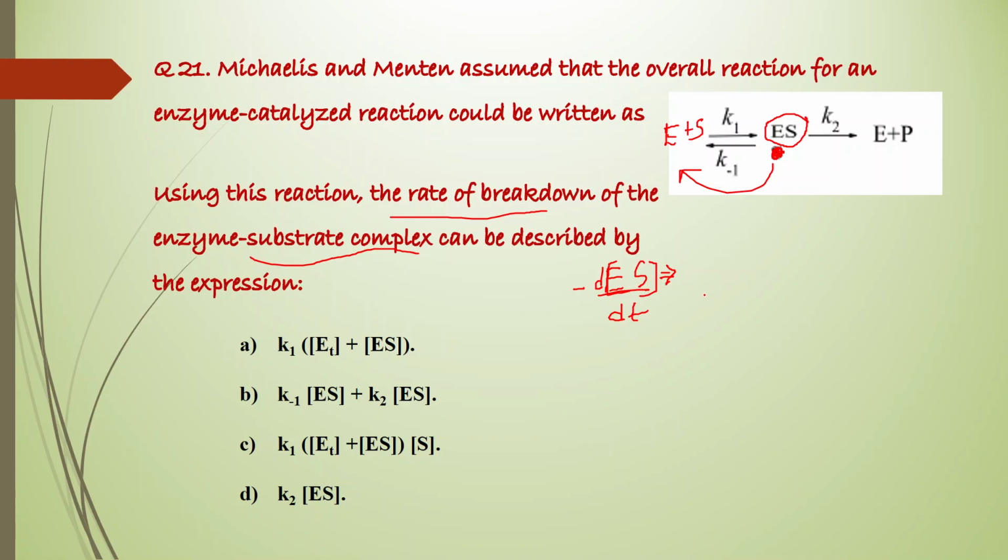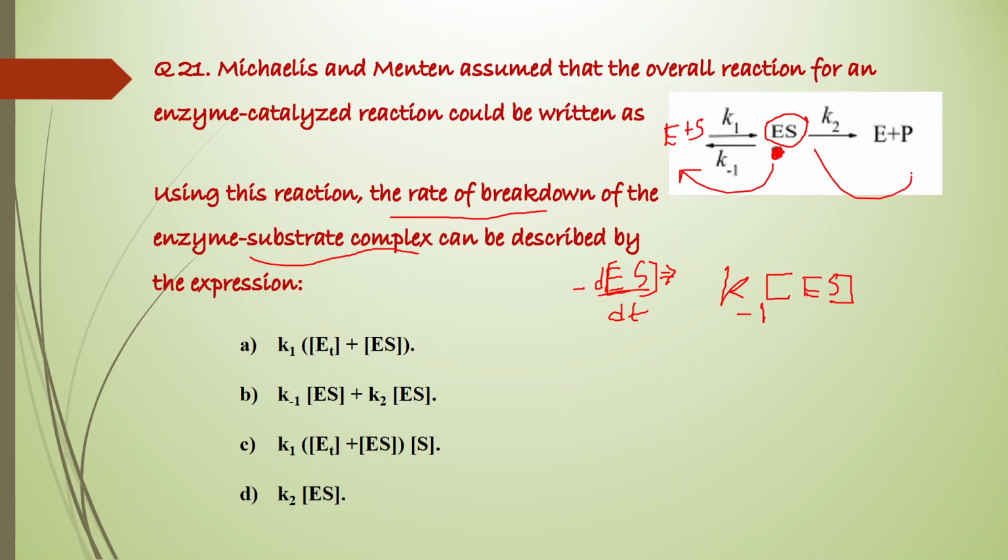So the first thing for breakdown, we can write K minus 1 into ES. ES is breaking down to E plus S. Now if you look at it, ES is breaking down and the rate constant for this process is K minus 1. So again it will be K minus 1 into ES.